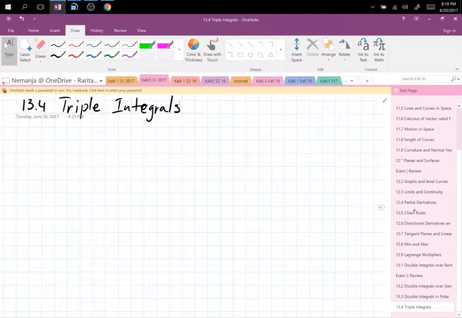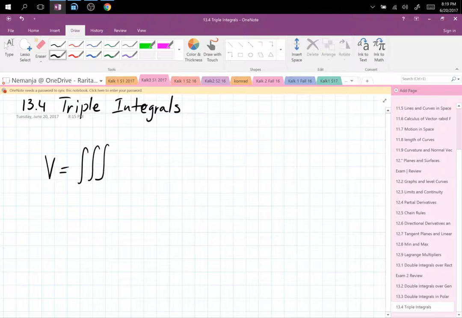So I can compute the volume if I have the triple integral over some region D and just dV. Then each integral with its dx, dy, dz brings one dimension to the table, and we have a 3D case.